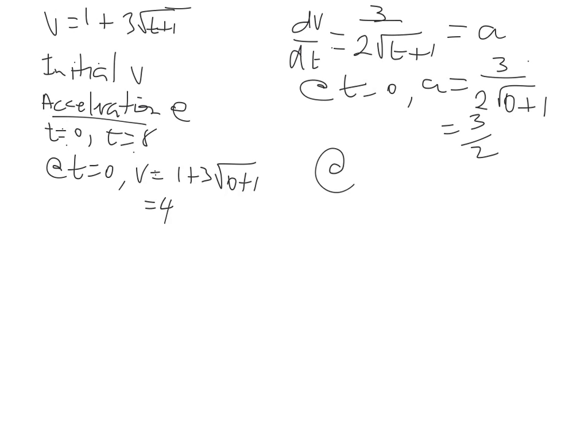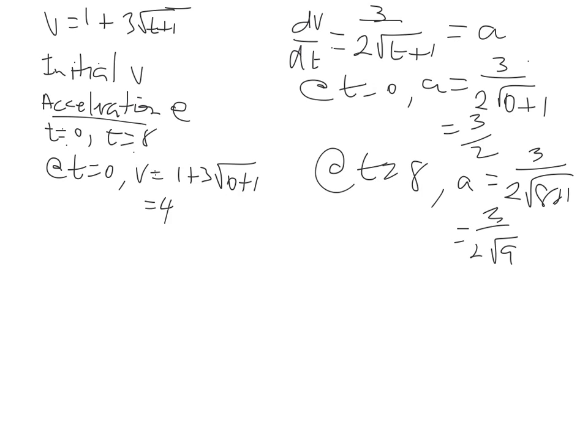And now at t equals 8, we'll say a equals 3 over 2 root 8 plus 1, which is 9. So we've got 3 over 2 root 9. So we've got 3 over 6, equals 1 over 2.